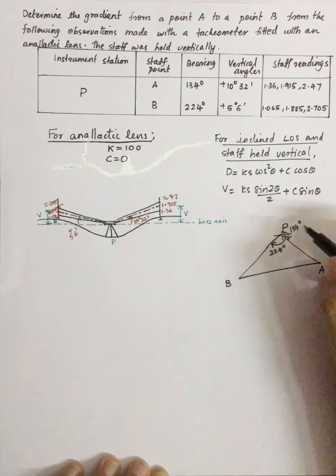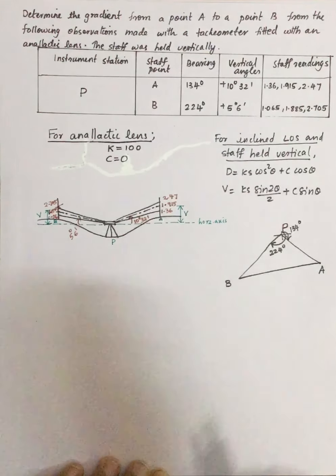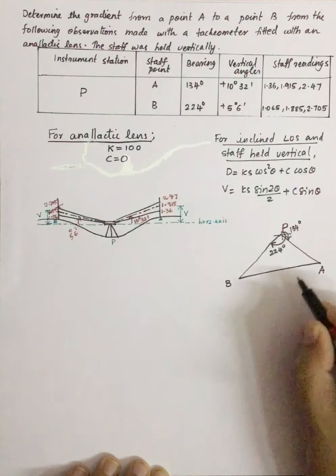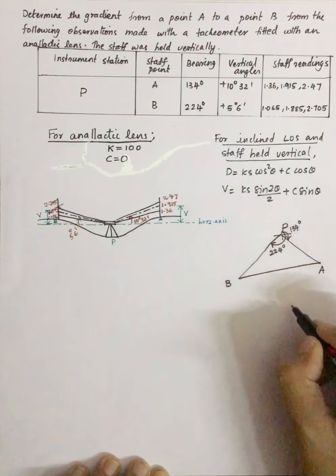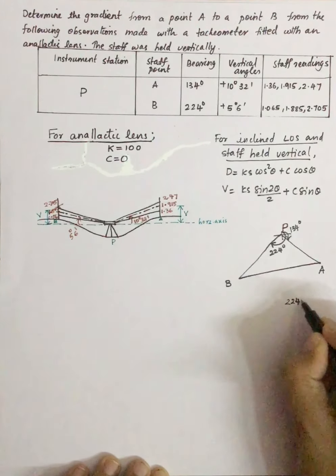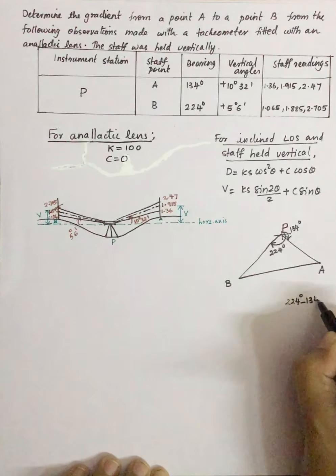The catch is that angle P is 90 degree, right? 224 degree minus 134 degrees is equal to 90 degrees.